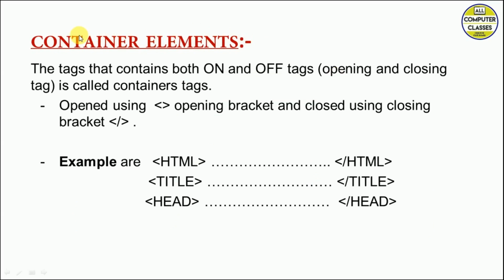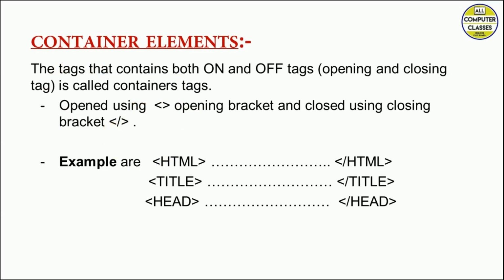Container elements are the tags that contain both an on and off tag, or opening and closing tag. These are called container elements, with an opening bracket as well as a closing bracket.